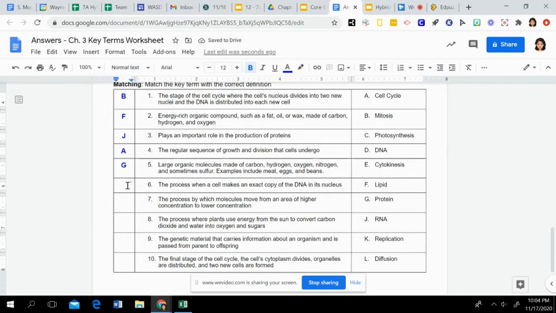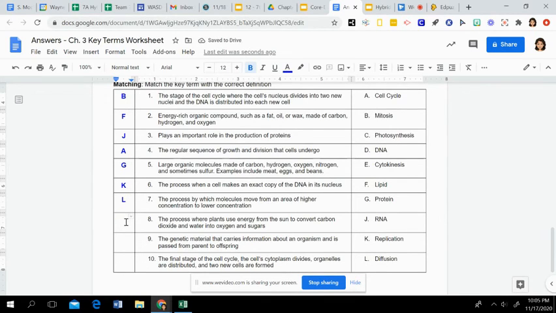The process when a cell makes an exact copy of the DNA in its nucleus is considered replication, and this happens during the initial stages of the cell cycle. And then the process by which molecules move from an area of higher concentration to lower concentration is considered diffusion.